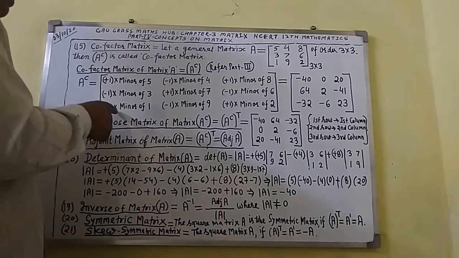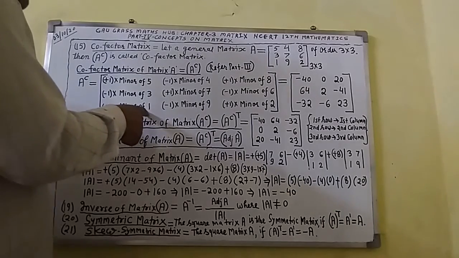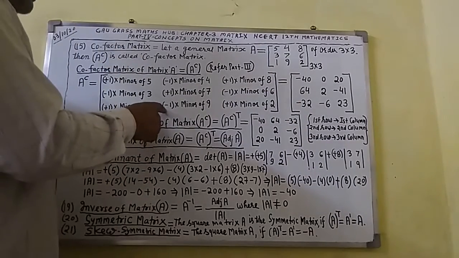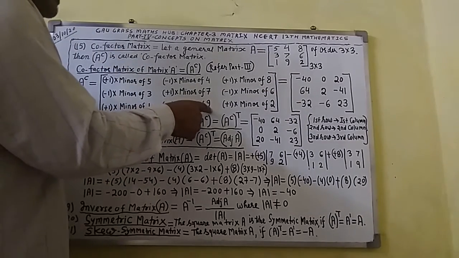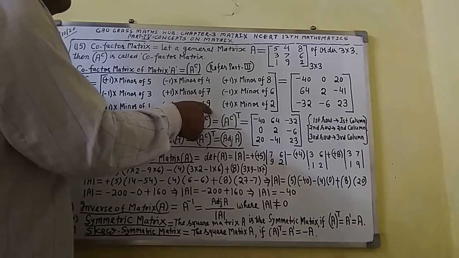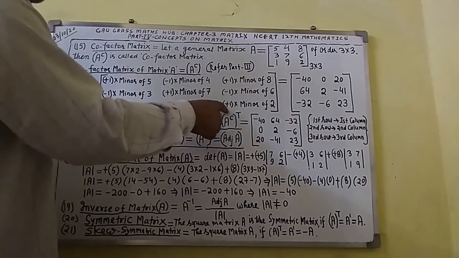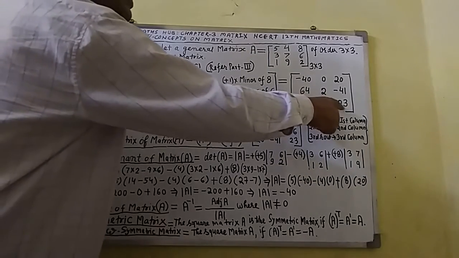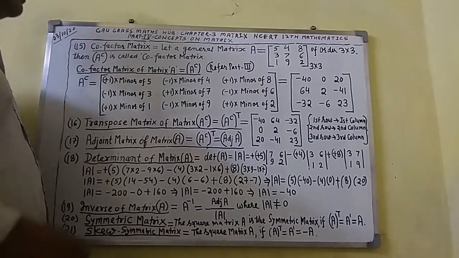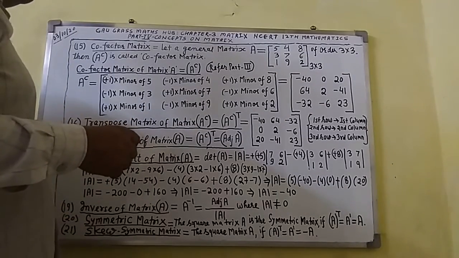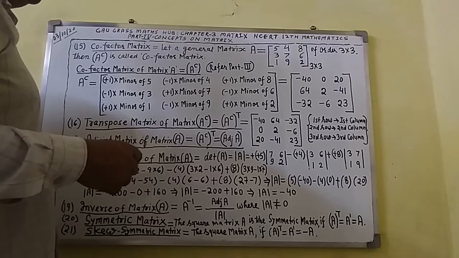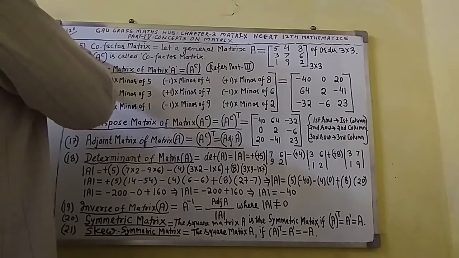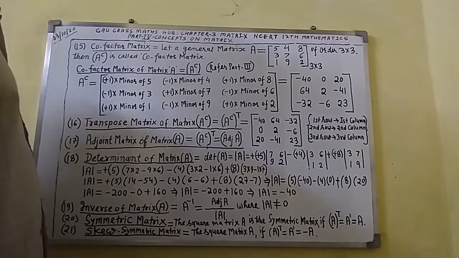Plus 1 will multiply to minor of 1. We shall get the outcome minus 32. Minus 1 will multiply to minor of 9. We shall get the outcome minus 6. Plus 1 will multiply to minor of 2. We shall get the outcome 23. You can also refer to my video part 3rd dated 2nd October 2020.